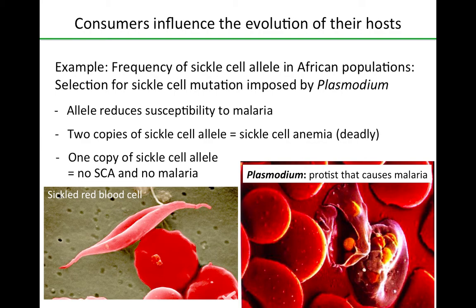So what we get is evolution over time that has caused the sickle cell allele to occur at a pretty high frequency in the African population. In human populations where malaria is not much of a threat, we see this allele at very, very low frequencies. Okay, so this is all because of selection pressure imposed by parasites on humans.